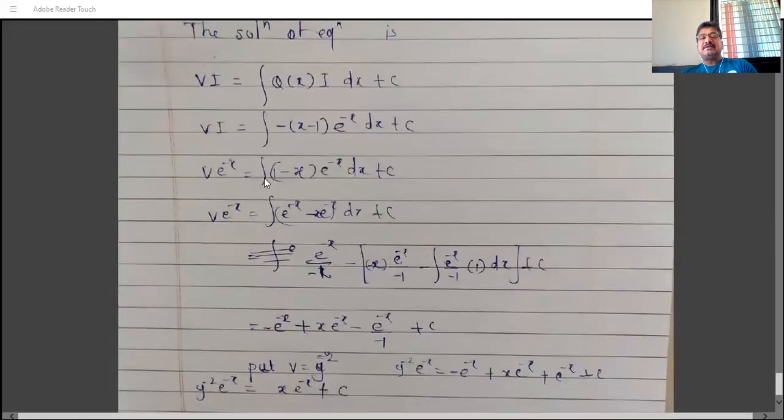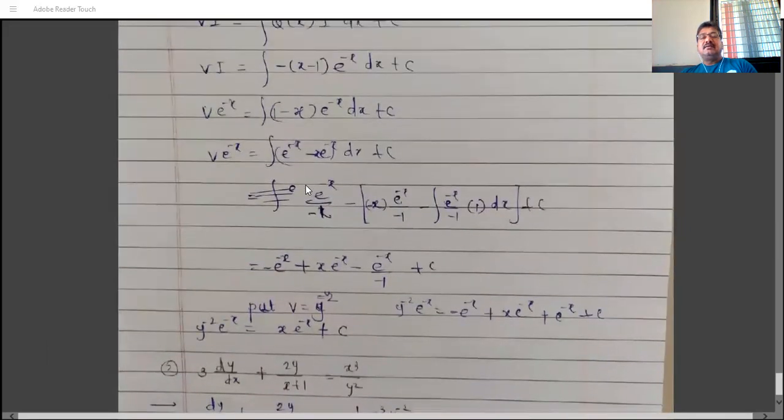So v e raised to minus x is equal to, if you absorb the minus sign, then x minus 1 becomes 1 minus x, e raised to minus x dx. After multiplication in bracket we have e raised to minus x, and then the integration of e raised to minus x is e raised to minus x divided by minus 1, simplification of the RHS, and minus x into e raised to minus x.